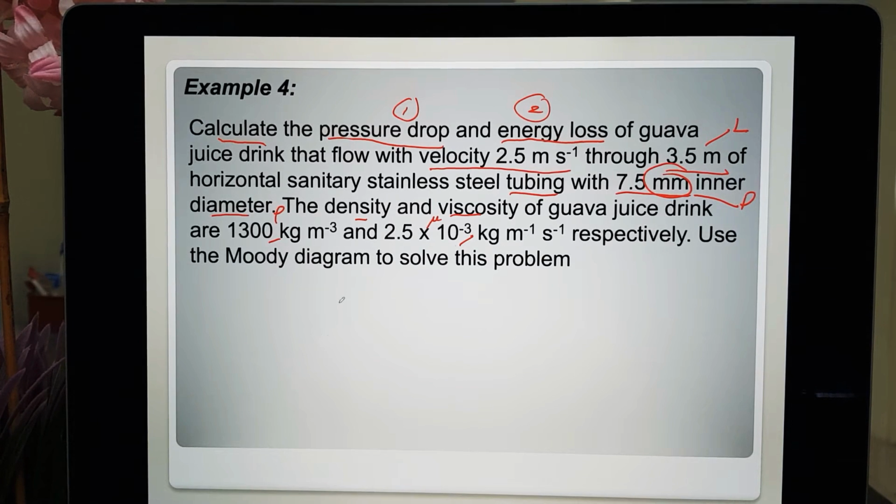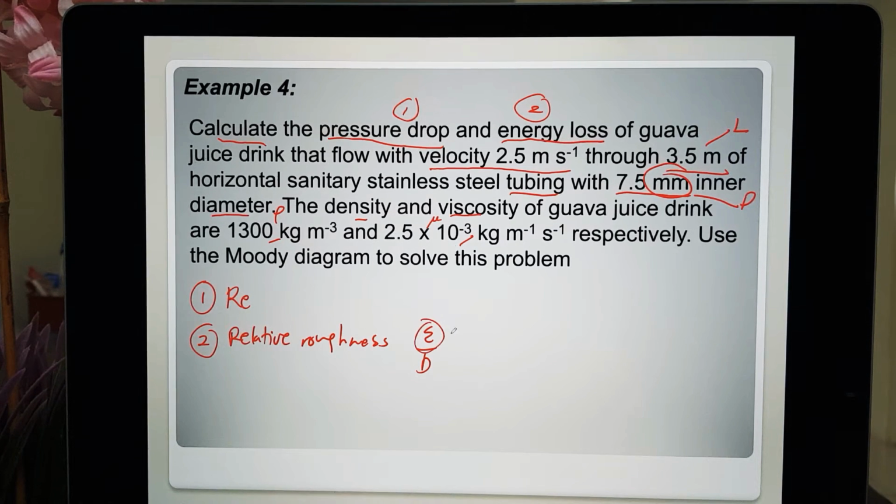So what you need to do for the first step is calculate the value for Reynolds number. And then the second step is to calculate the relative roughness, by applying the equation epsilon over d.